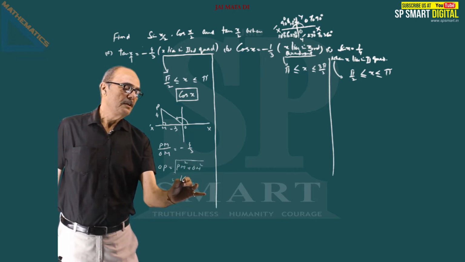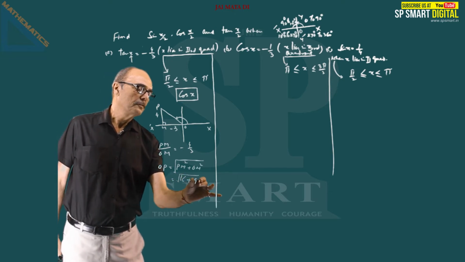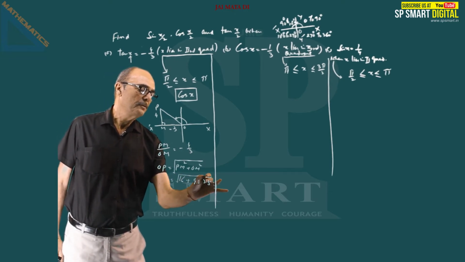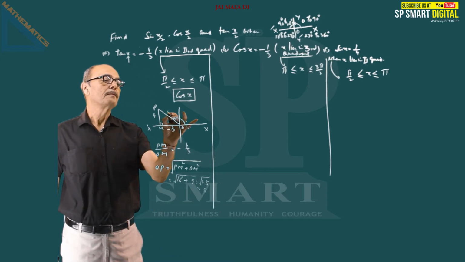This is 16 plus 9 under root, so this is 25 under root, equal to 5 units.